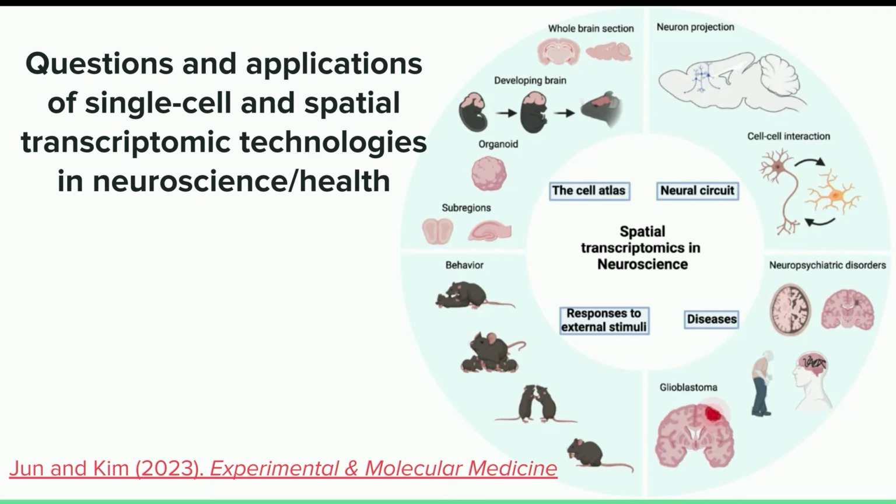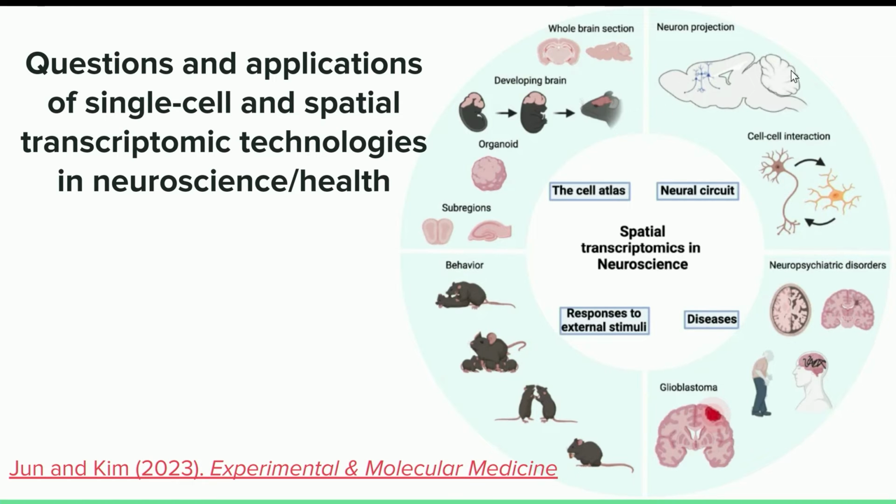Starting on the left side, you can see that the section is thinking about profiling, for example, whole brain sections from mouse in particular, or developing brain, or organoids, or subregions. People are also thinking about behavioral experiments, using spatial transcriptomics to assess responses to different types of stimuli.